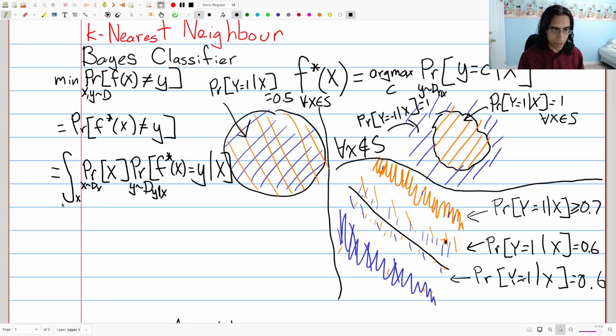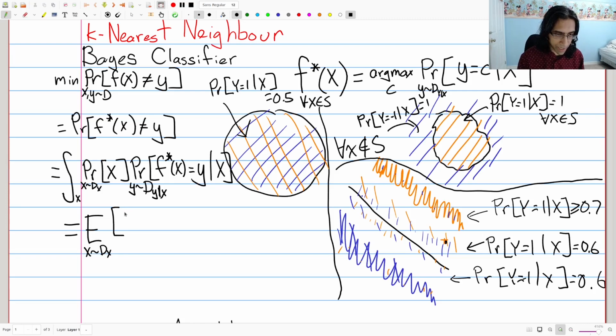And now the convenient thing is this is just going to be an expectation when you draw x from the distribution, because we have some function which is integrated against the probability of x over the entire space of x. So this can be rewritten as the expectation of x drawn from d of x. Again, this just means the marginal of x.